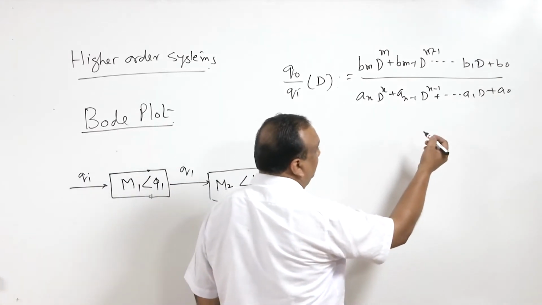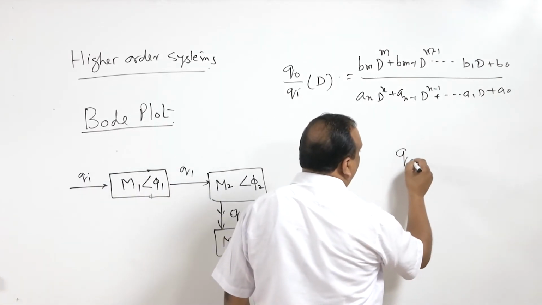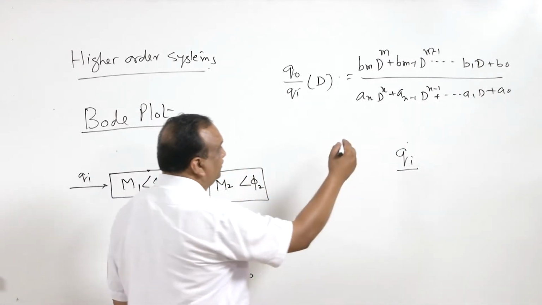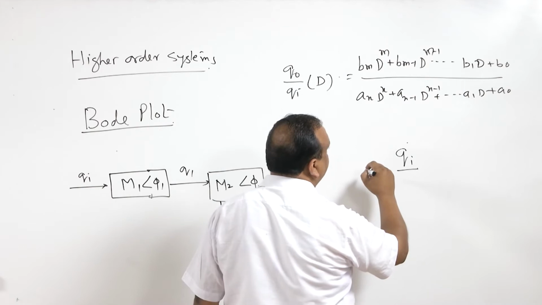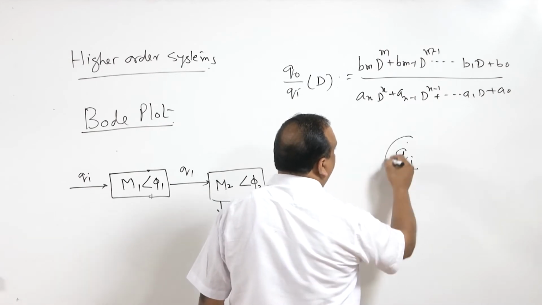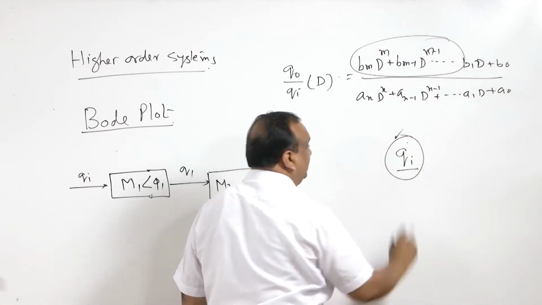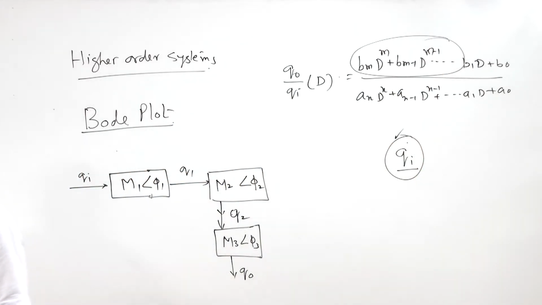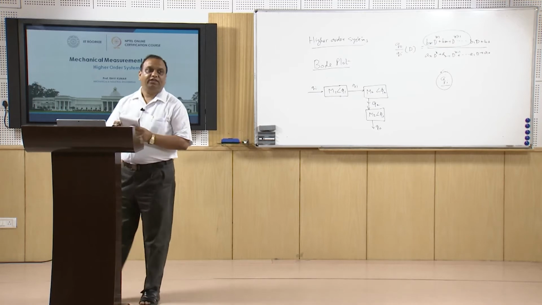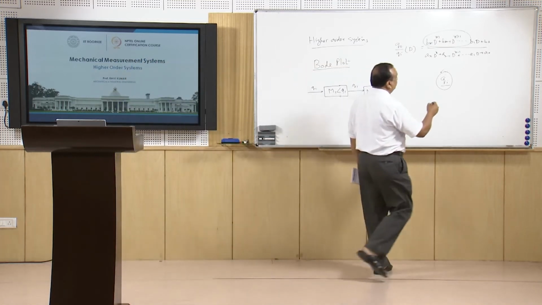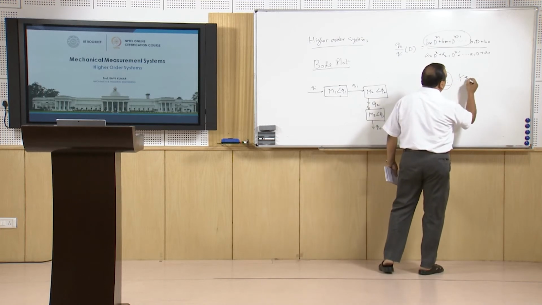Input, as I said earlier, we take input only Qi, and we normally neglect the higher order terms because only K Qi is sufficient for representing most mechanical systems for input.